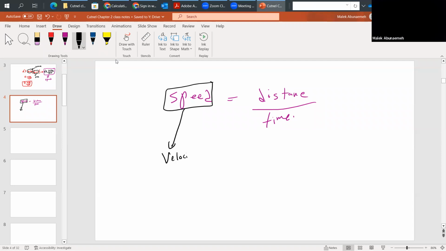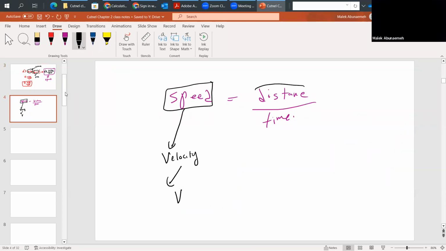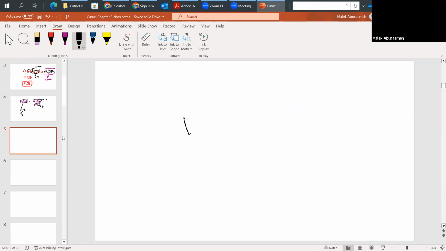So we have another word for speed, which is your velocity. We're going to give it a V. Your distance, we're going to give it a variable D. And your time, we're going to give it a variable T. So basically, V equals D over T. Your speed equals your distance over your time.